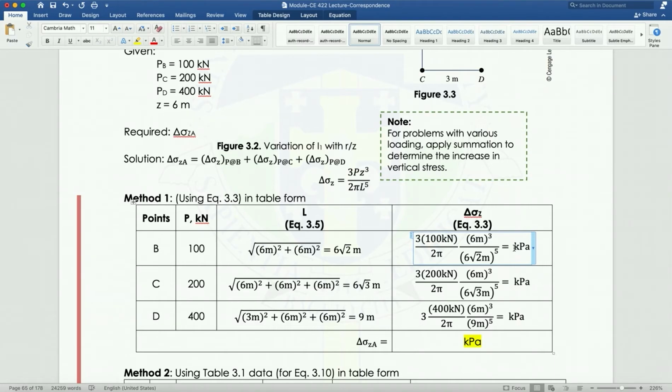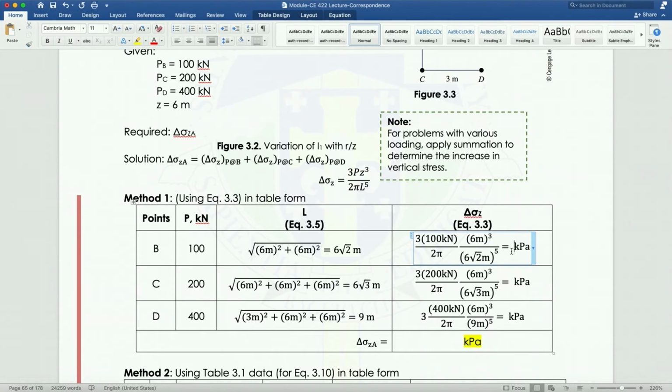Wait, let's change that: 3 times P x over 2 pi times c over the square root of x squared plus y squared plus z squared raised to the 5th power. So calculate: x is equivalent to 100, then y is equivalent to 6 times the square root of 2, and that is equivalent to 0.